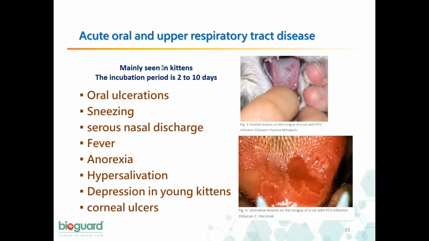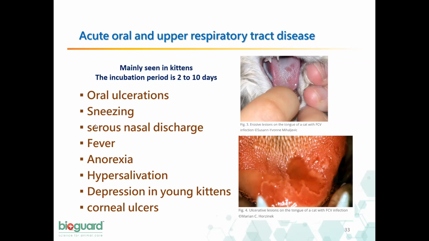So these are some of the clinical signs which can be seen after the cat gets infected. One is of course oral ulceration, which is the most common clinical sign. You can see two examples here of ulcerations on the tongue of the cat.